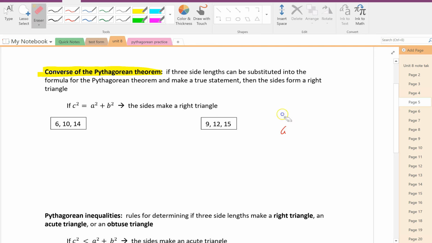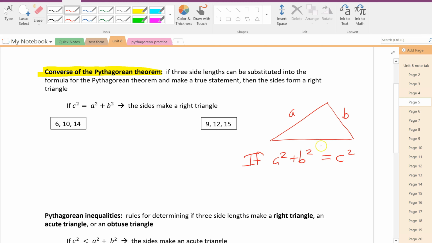Let's say I have a different triangle here, and it looks something like this. And I want to know, is this a right triangle? The converse of the Pythagorean theorem says that if I can square this number and square this number and add those two together, so if a squared plus b squared equals c squared, then I know I have a right triangle.